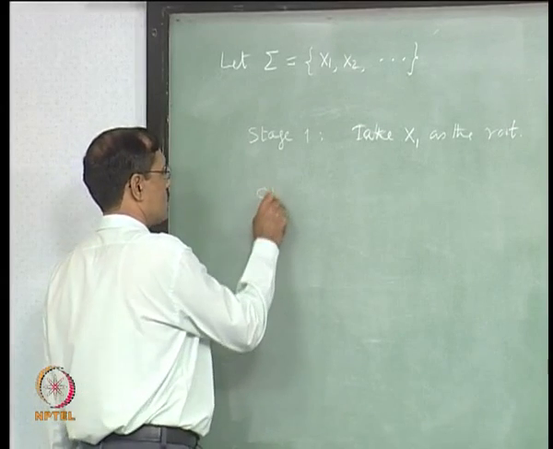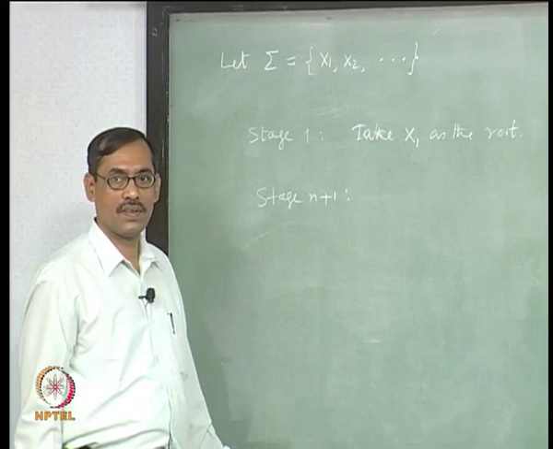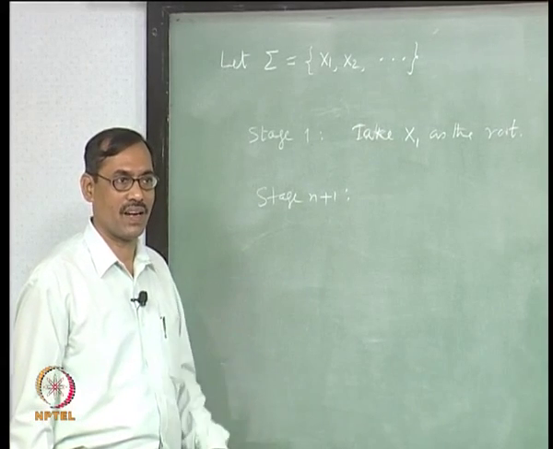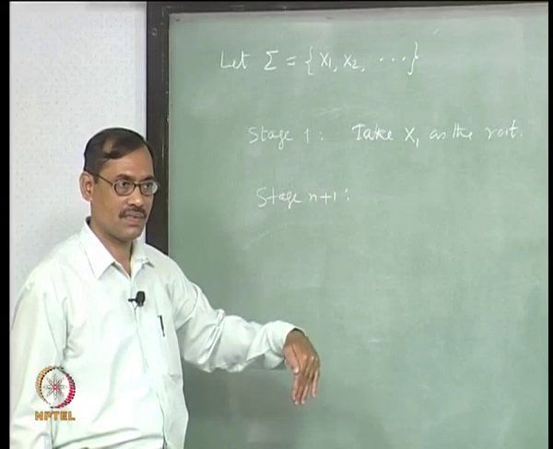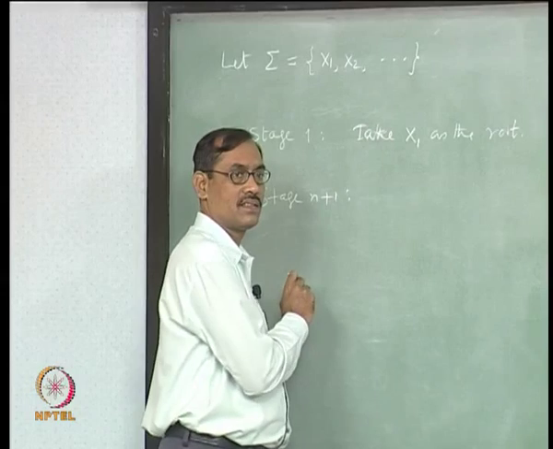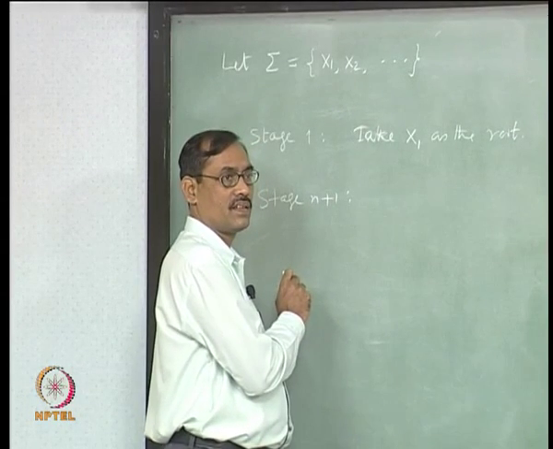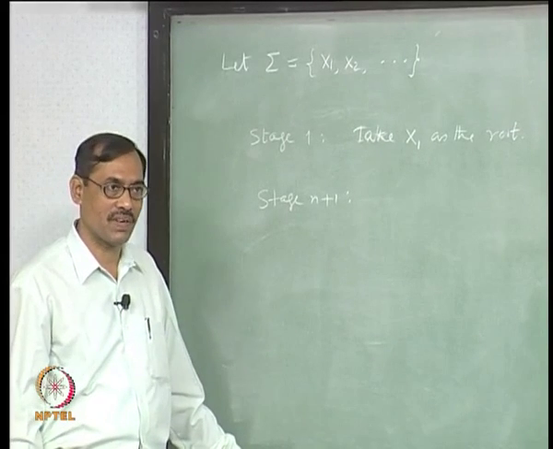Then in stage n, what will it do? In each stage we are introducing one, then we are expanding, starting from the top. Okay. So, in stage n plus 1 we assume that x n has been introduced already, or stage n has already been performed.